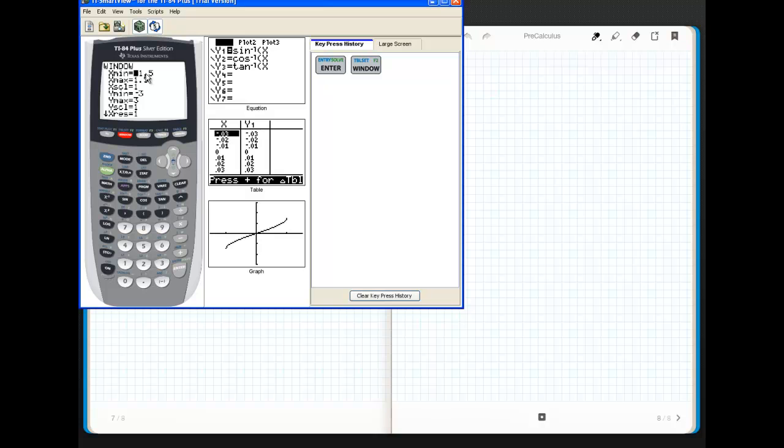I went from negative 1.5 to 1.5. My y-min is from negative 3 to 3, just to give us a little space. That gives us that curve that we're looking at. Clearly the calculator draws it a little bit better, but notice it stops at (-1, -pi halves) and (1, pi halves).